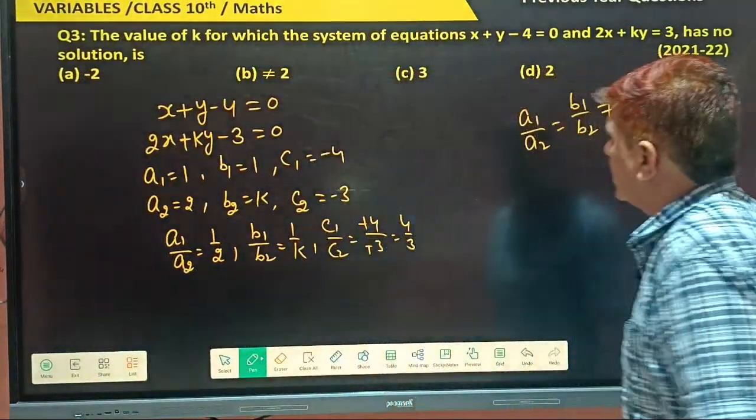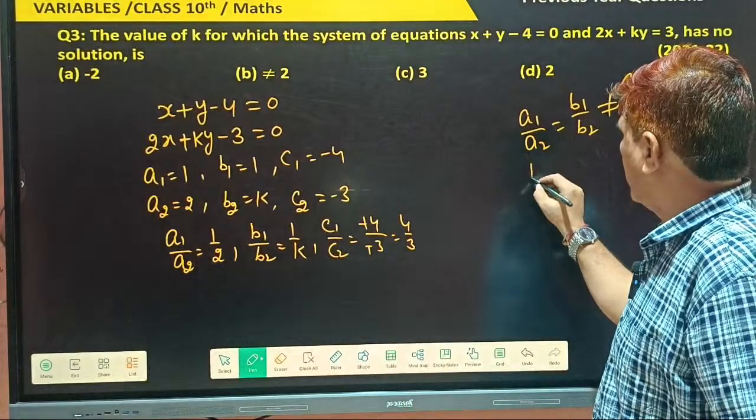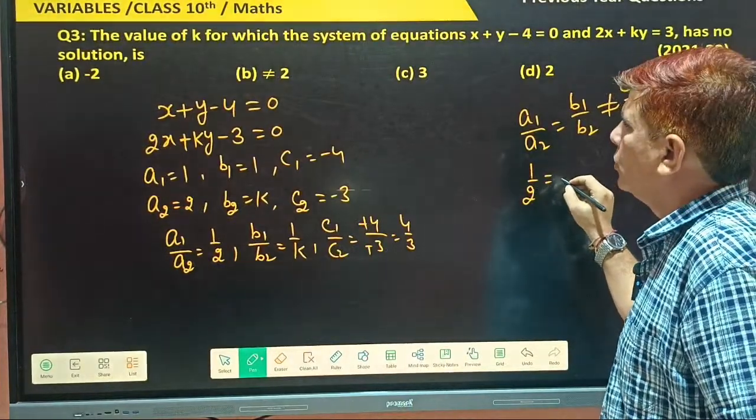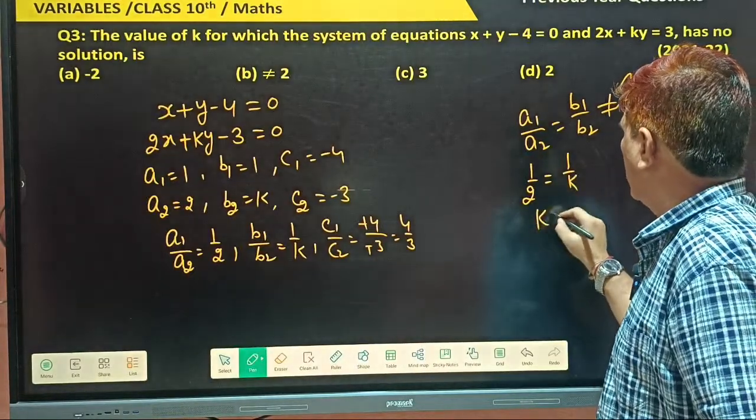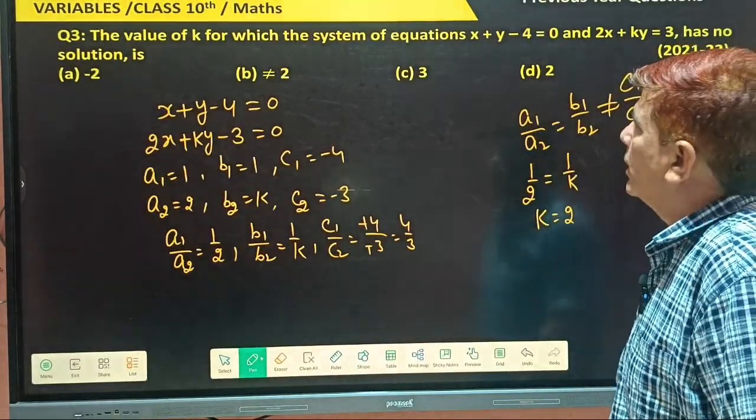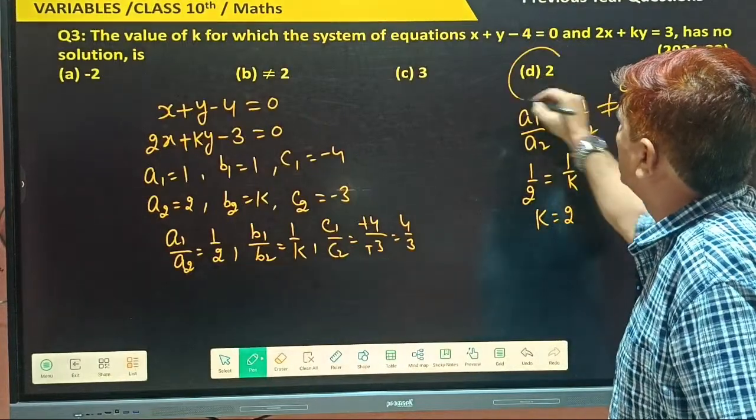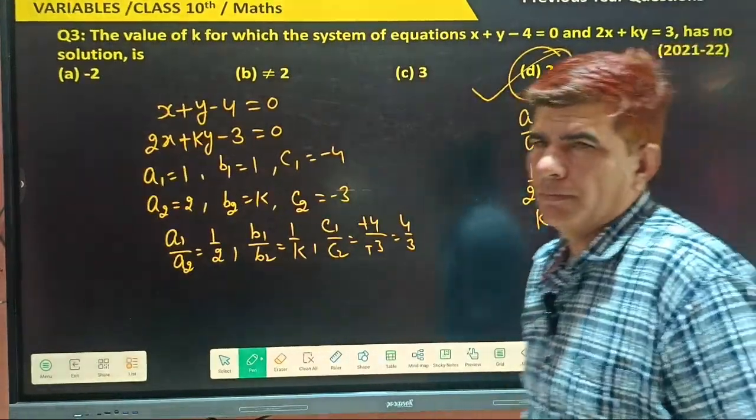So take 1 by 2 equal to 1 by k. So it means k equals 2. So anywhere given k equal to 2, D is our answer.